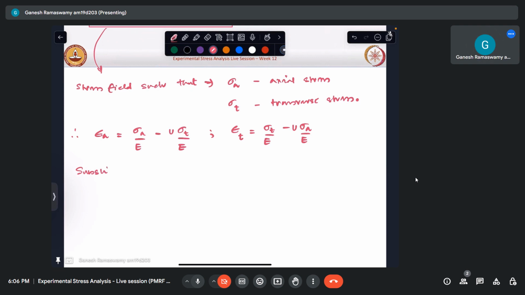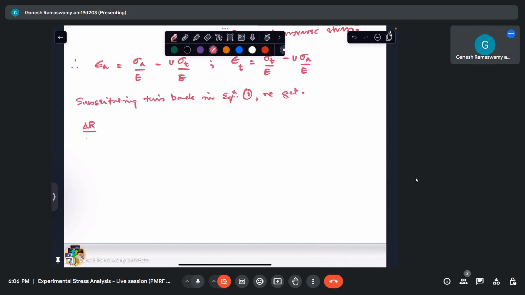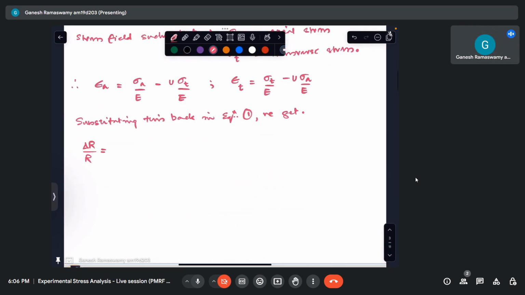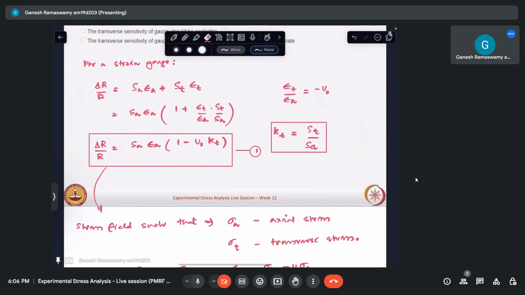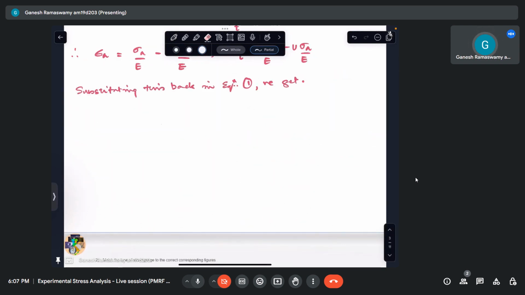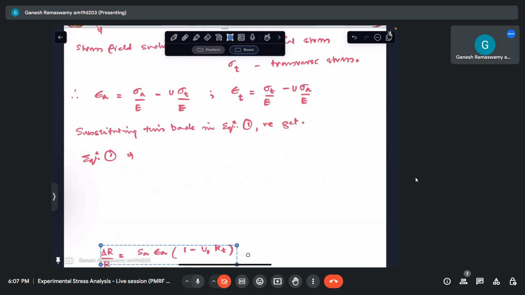So substituting this back in equation 1, delta R by R is given as, rather, let me substitute it in this expression instead. So I have equation 1 as this.